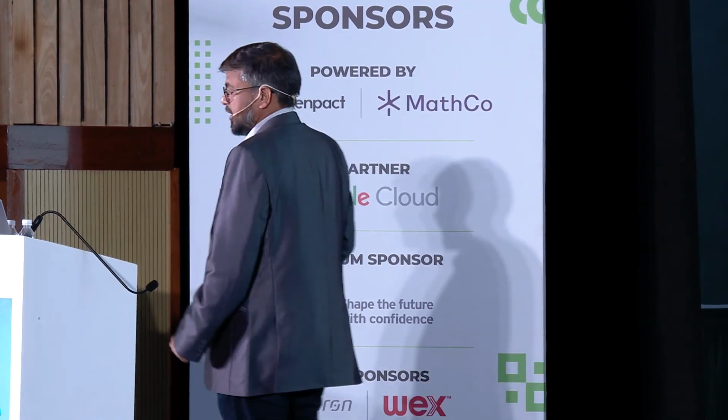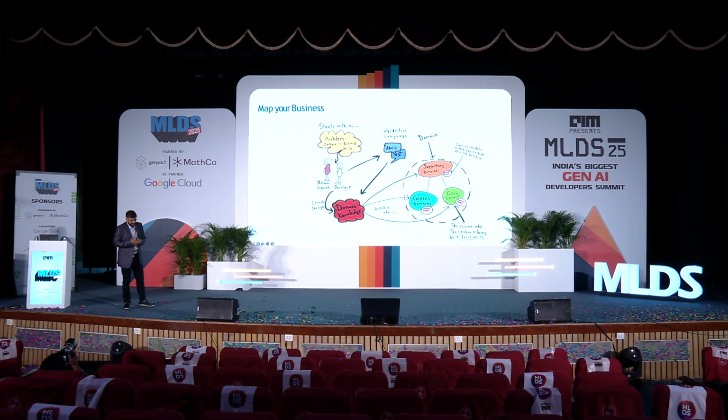But how do we go about it? This is a standard practice we have followed. We start with the problem domain and invite all the stakeholders: business stakeholders, domain experts, our technical architects, the product owner, into the room, whether online or offline, and have a longer workshop.